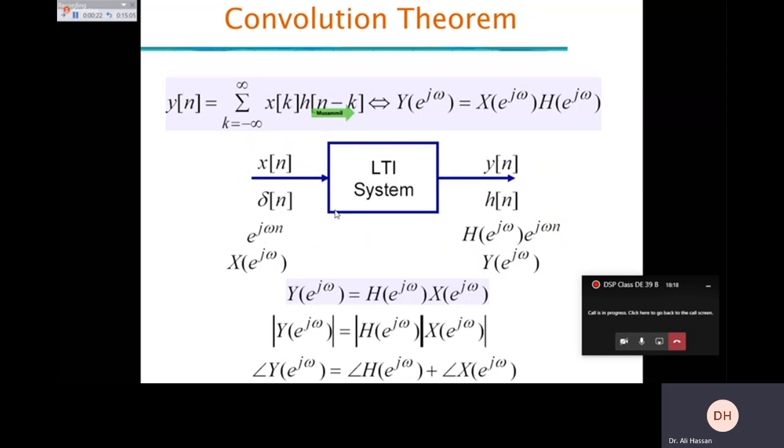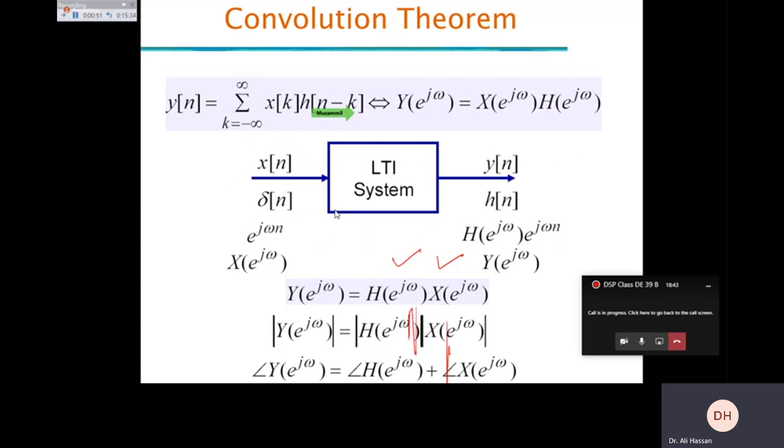And then we have studied the magnitude and the phase. Usually this is convolution in time, which is multiplication in frequency, and in multiplication, the magnitudes multiply and the phases you add. So magnitudes multiply and phases you add. This we have already studied.